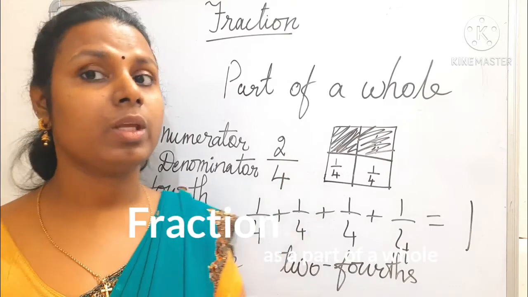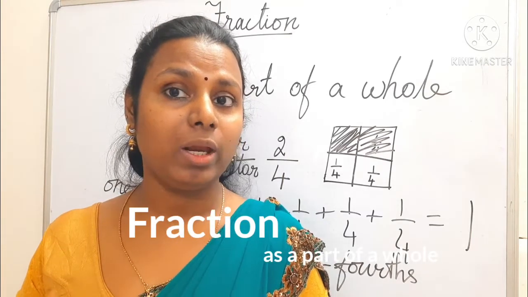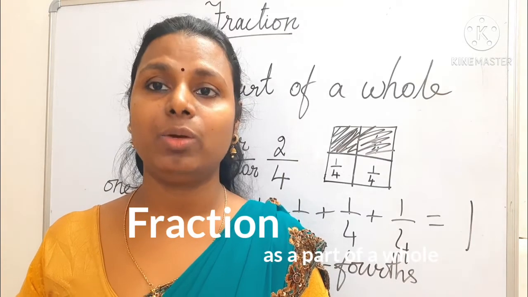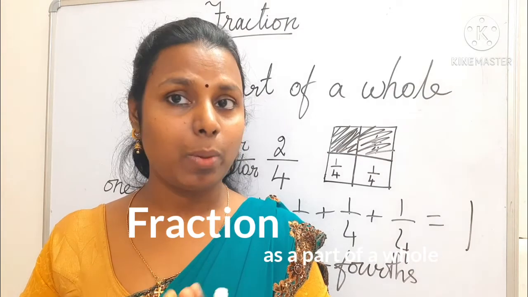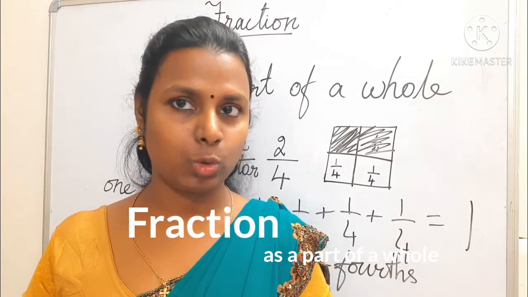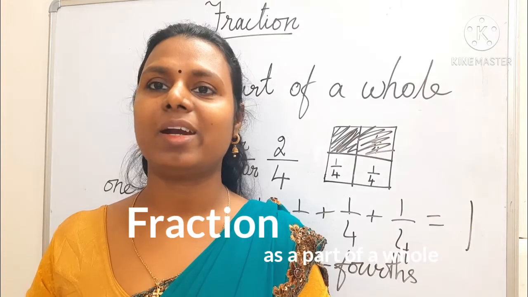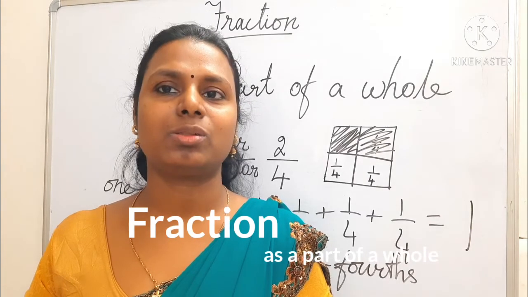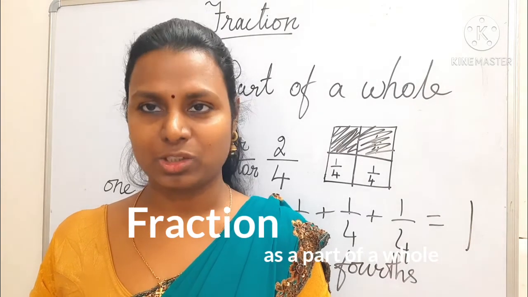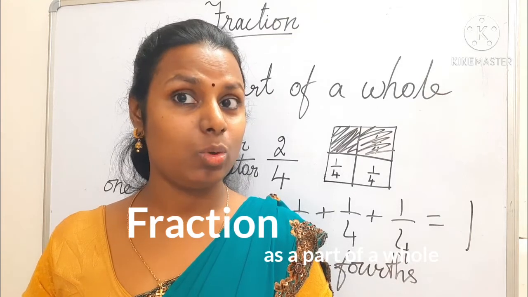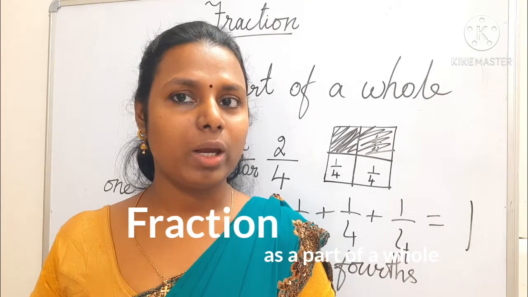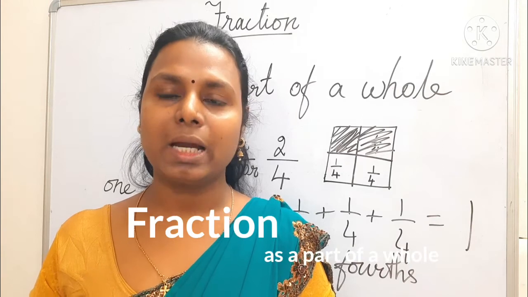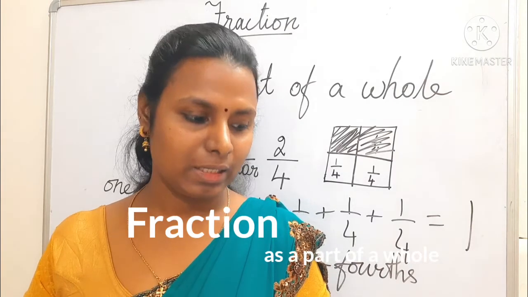And one more thing: when we write a fraction, the parts must be divided equally. When it is not divided equally, then there is no fraction at all. The main rule you have to remember is that when you take a fraction, it must be divided equally.